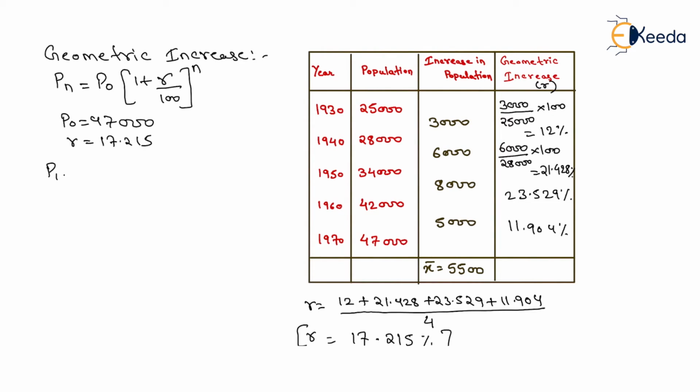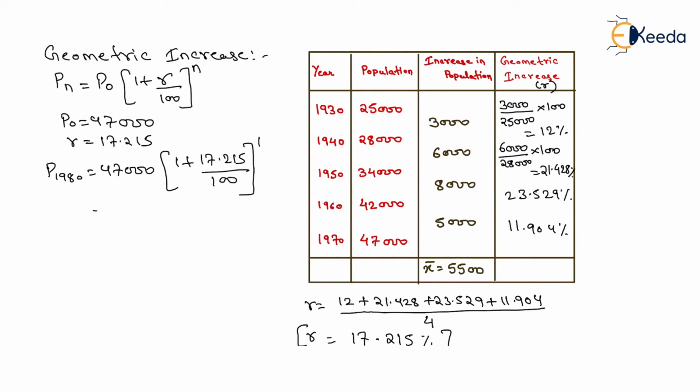Now if we want to calculate the population of 1980, what do we need to put? The initial population or the last known population, that is 47,000, times 1 plus the value of R, that is 17.215 upon 100, to the power n, that is 1, because we will calculate the population of 1980, and from 1970 to 1980 the number of decades will be only 1.